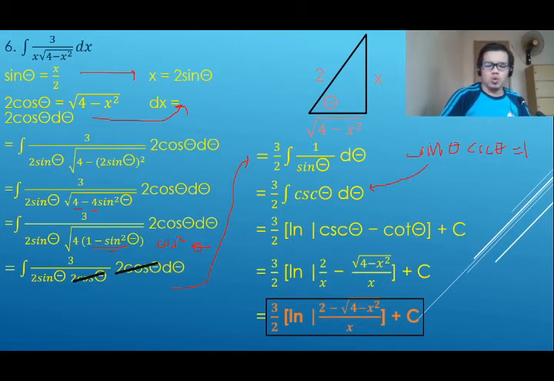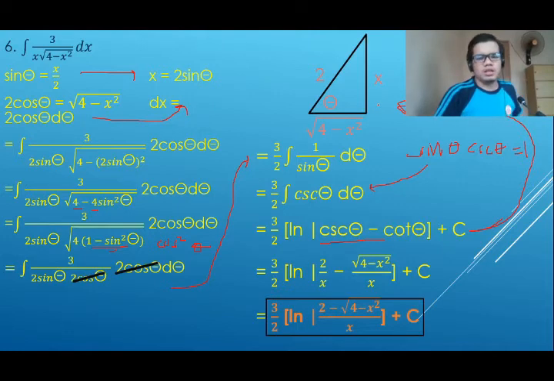To restore this back to its original form, we need to use a technique, the right triangle technique or the Pythagorean theorem technique. Remember, there's a right triangle with theta here.